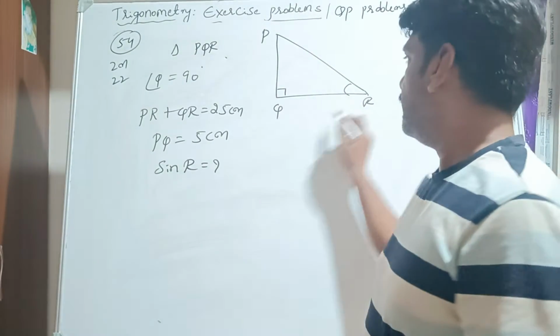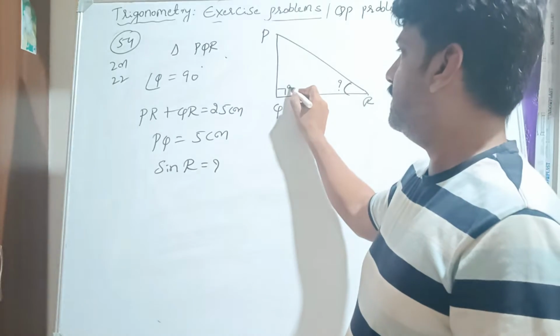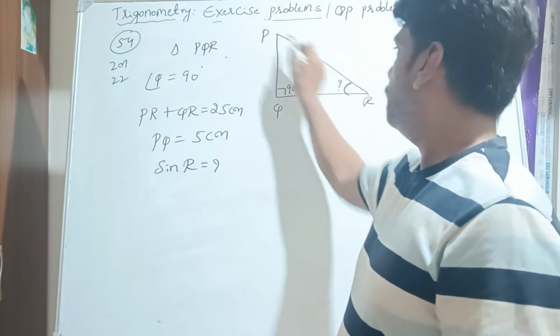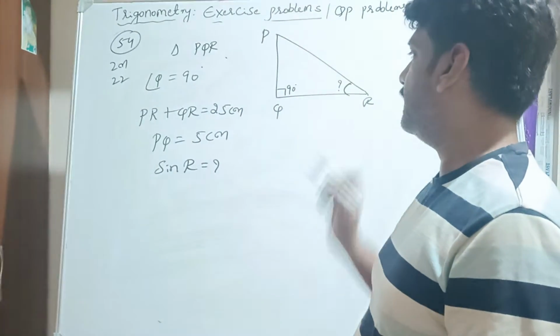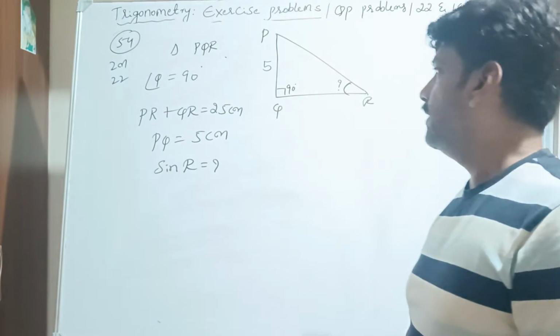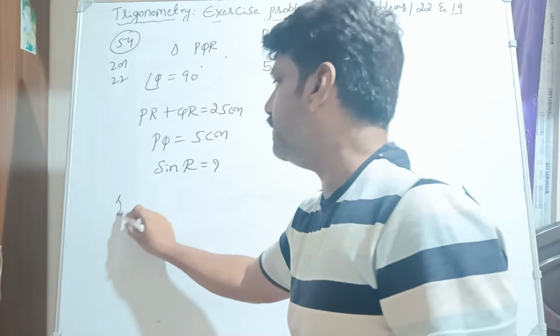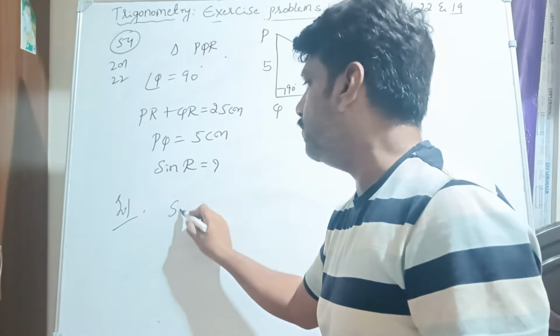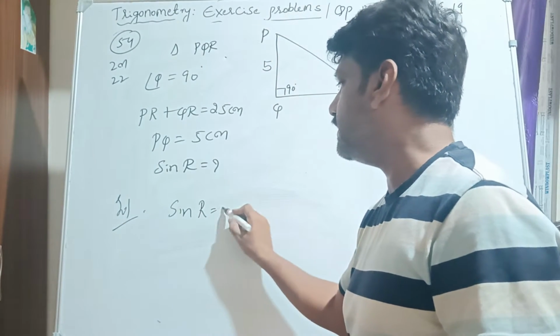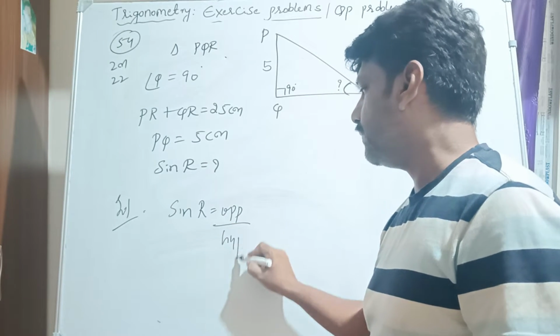So they are asking sine R. Sine R means this angle they are asking, right? For that they have given that this is 90 degree. PQ plus QR is 25 centimeter, and PQ value is given, that is 5 centimeter, right? But you should calculate what is sine R. So here we know the trigonometric ratio, how to calculate sine R. Sine R is nothing but opposite divided by hypotenuse, right?